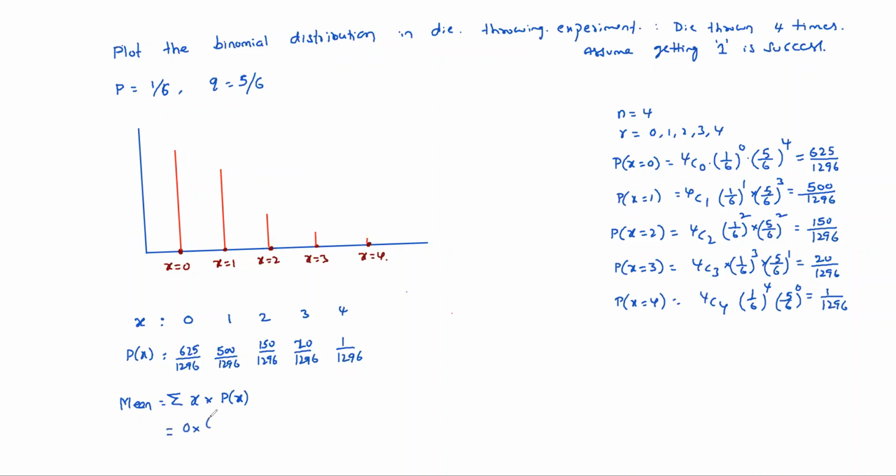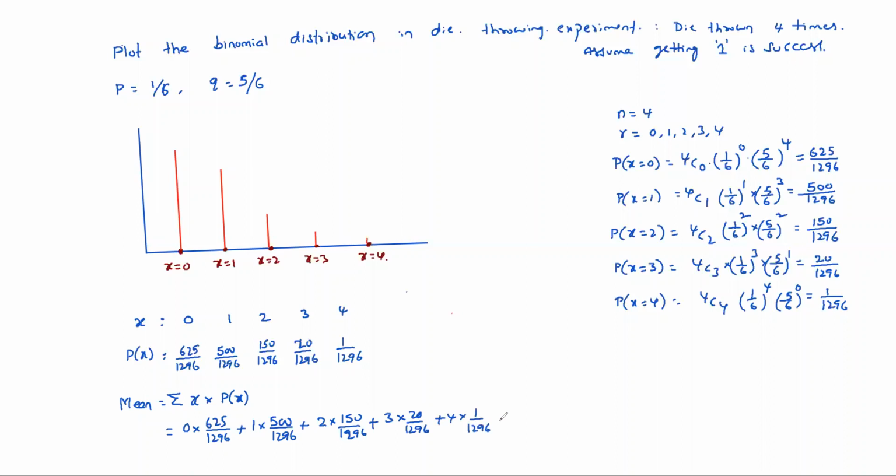0 into 625 by 1296 plus 1 into 500 by 1296 plus 2 into 150 by 1296 plus 3 into 20 by 1296 plus 4 into 1 by 1296.